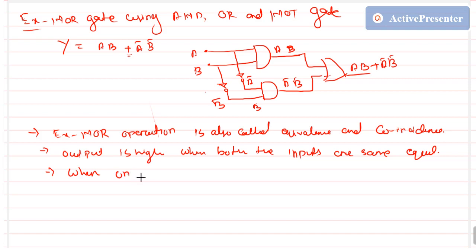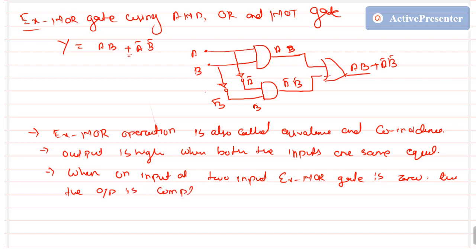Next one is when one input of a two input XNOR gate is 0, then the output is the complement of the other input.